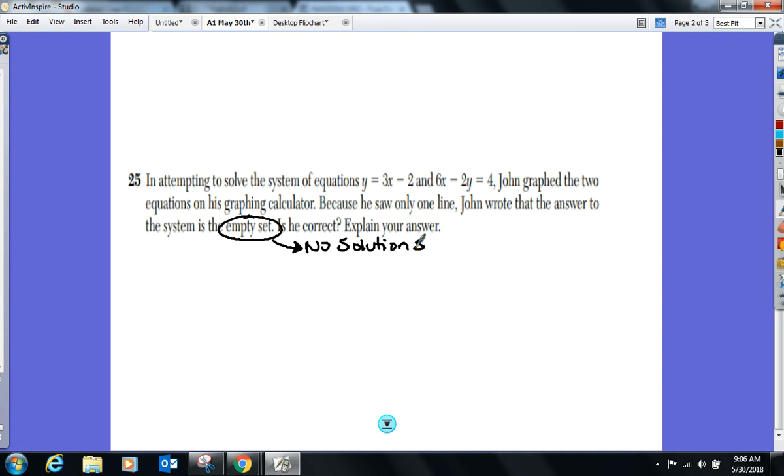Anybody remember when it would have been no solution? If you graph both and they're parallel, they never intersect. Nice job. So he is incorrect. The solution is, once again, Fiona?